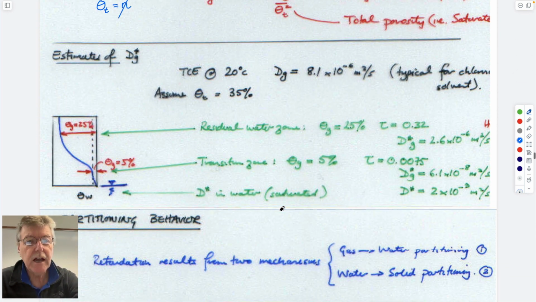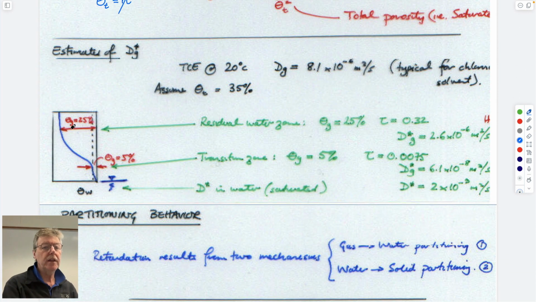As an example of that, you could calculate what this diffusion coefficient was in the soil column. This is a capillary pressure versus saturation curve, or actually an elevation versus saturation curve, but it's the same. We can relate elevation to capillary pressure, as you know. This magnitude here would be water content.